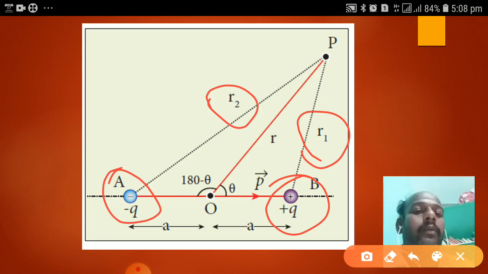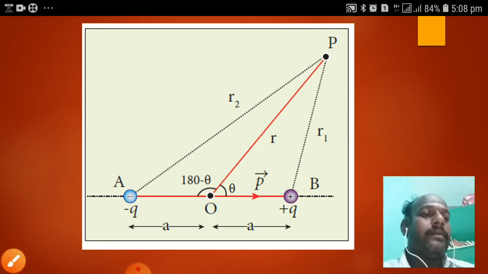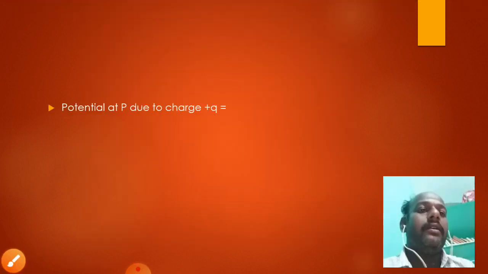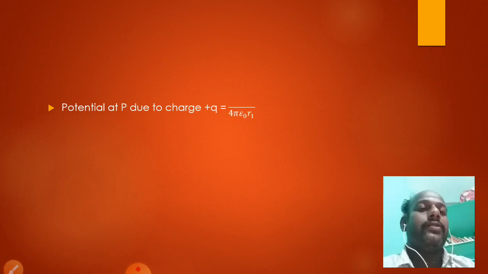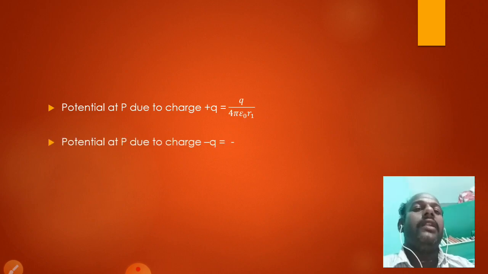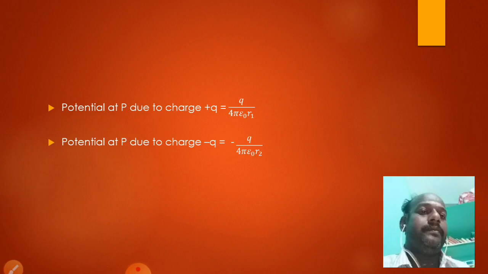Now I am going to use the cosine formula. The potential at P due to the charge plus q is q by 4 pi epsilon naught r1, and the potential at P due to minus q is minus q by 4 pi epsilon naught r2.